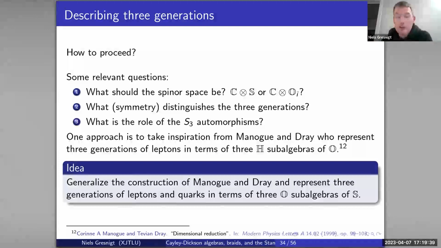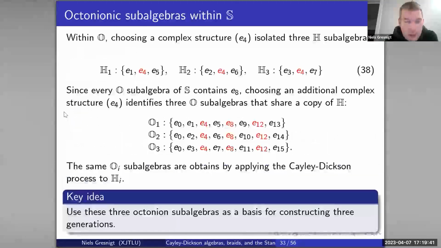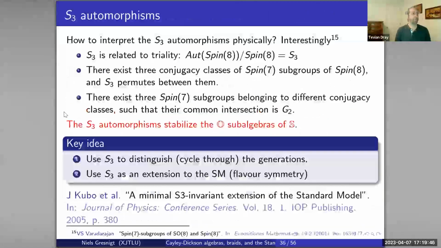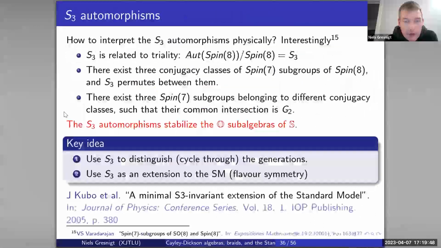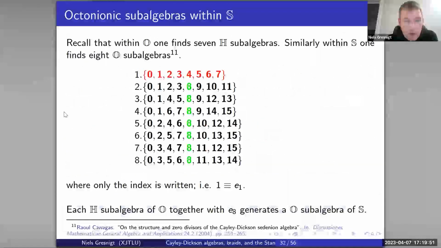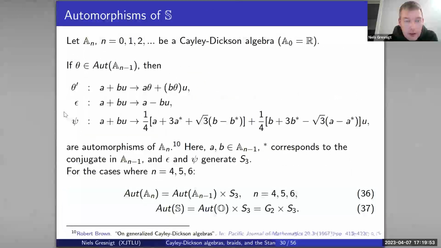But you see, actually, that's a really interesting comment, because let me just go back. Can you still see the slides? Yes. So actually, if you look at, where did I have these automorphisms? Yes, you see, in general, you would have these automorphisms being a subset of all the automorphisms. So if you start with the octonions, you should be able to find SU2 times S3 within the automorphisms.